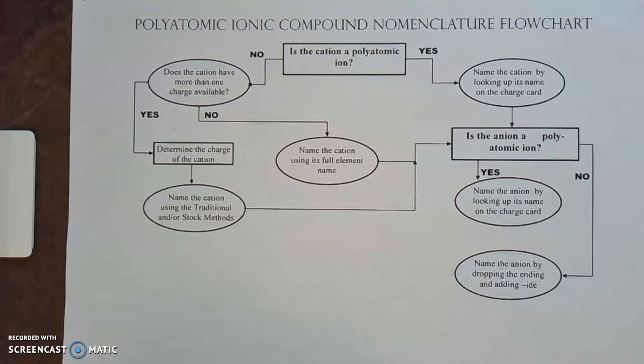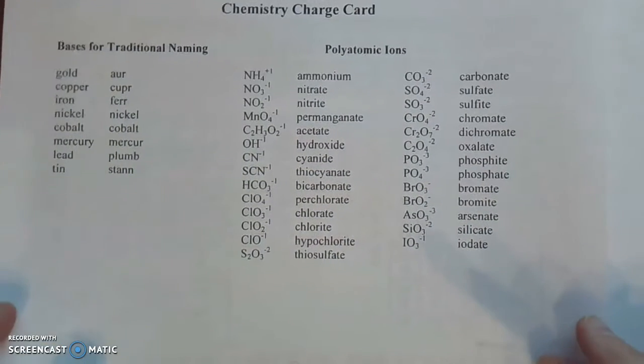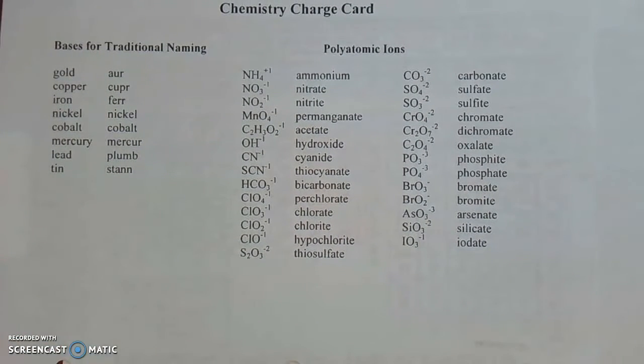This is Unit 5 Nomenclature, Lesson 5, Polyatomic Ionic Compound Nomenclature, and video number 1. So with this, we said what a polyatomic ion was, and on the back of your periodic table we have a list of very common polyatomic ions.